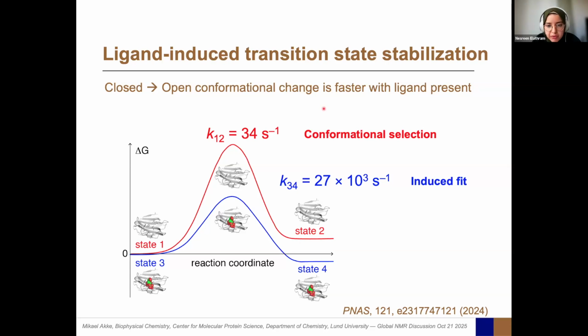And then the value 34 seems like a relatively slow process. So it should have a high energy barrier. Yeah, so the K12, which is the slow process, has the higher energy barrier, right? As you would expect. And then the K3 to 4, which is much faster, has the lower energy barrier in this scheme.